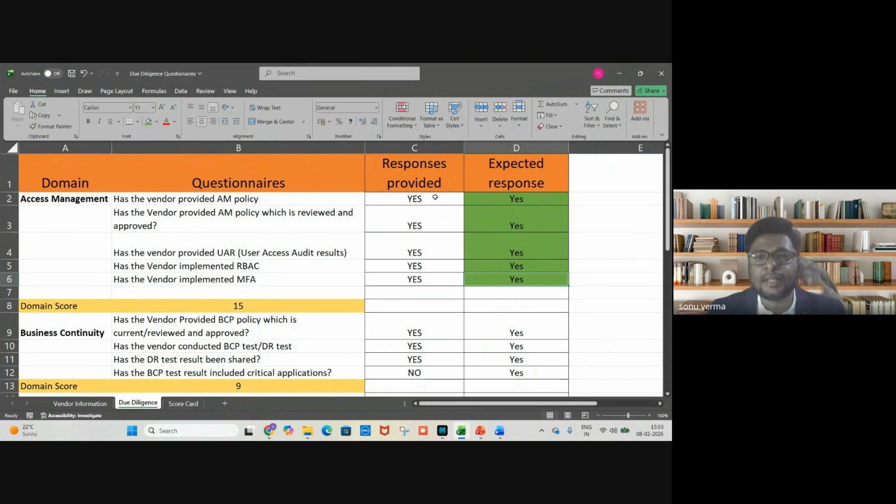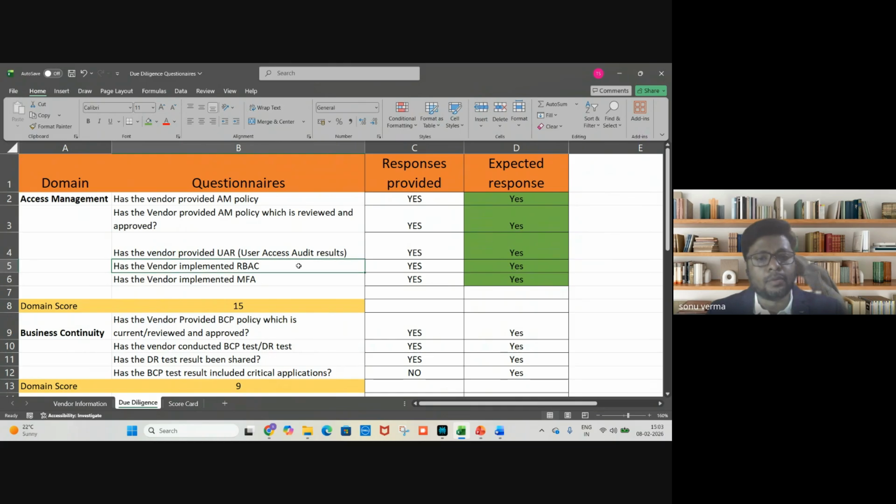However, in the response provided, the vendor just needs to select from the drop down. Okay. For example, if the vendor says yes, we have an access management policy, the policy is getting reviewed and approved. We are conducting an annual or half yearly audit on everyone to whomsoever the access is provided. This is called user access review.